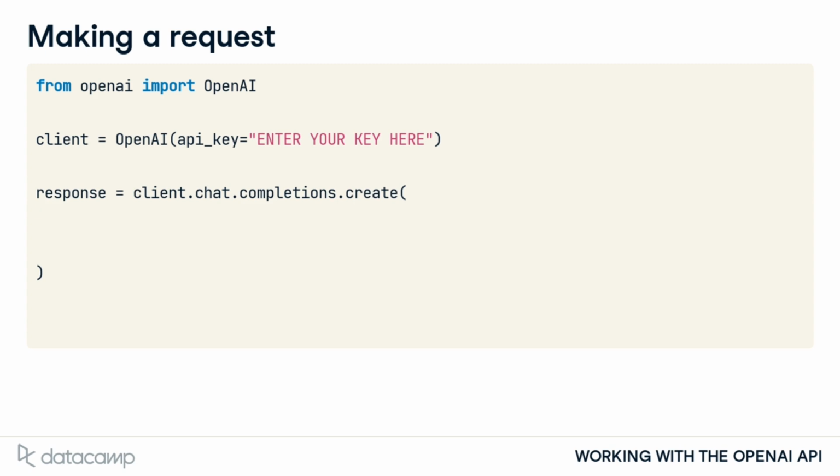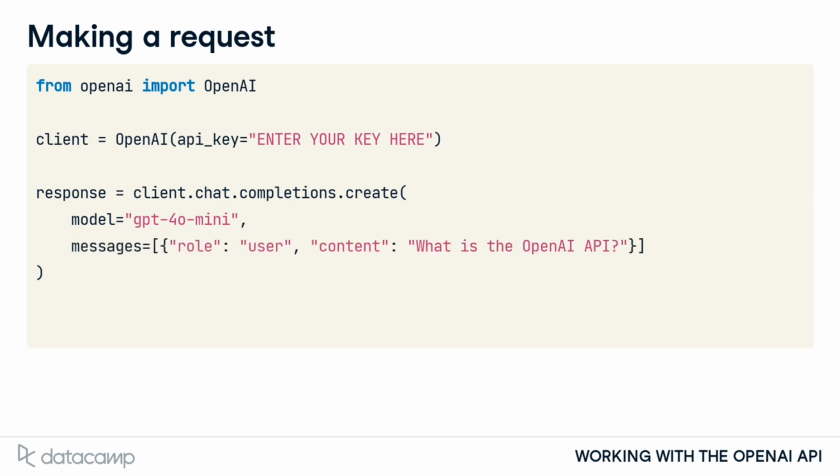Inside this method, we specify the model and the messages to send. The messages argument takes a list of dictionaries, where content sent from the user role allows us to prompt the model. Here we prompt the model to define the OpenAI API. We'll discuss roles and their uses in much more detail in the next chapter.